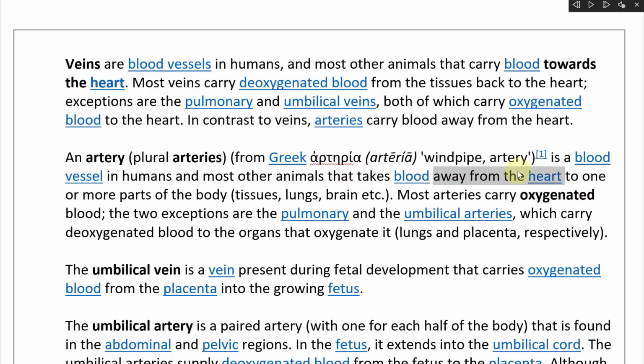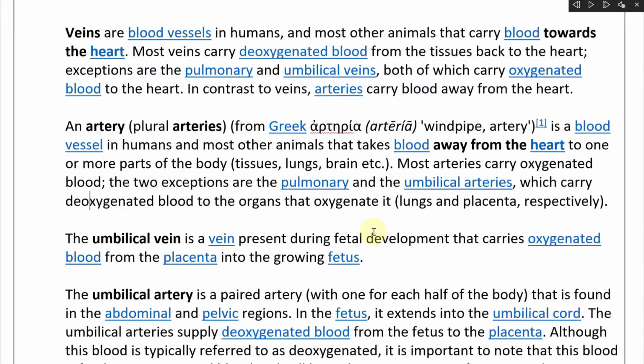I'll just bold this right here. So away from the heart. So most of them are oxygenated blood from the heart to the body. But the two exceptions are the pulmonary and the umbilical arteries, which carry deoxygenated blood to the organs that oxygenate it, that is, to the lungs and placenta, respectively.